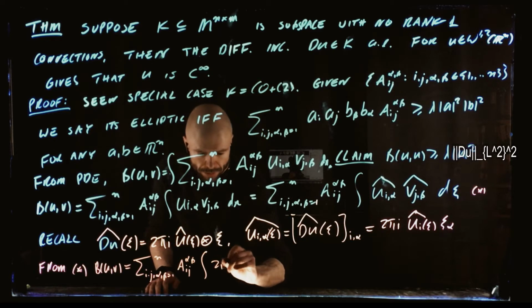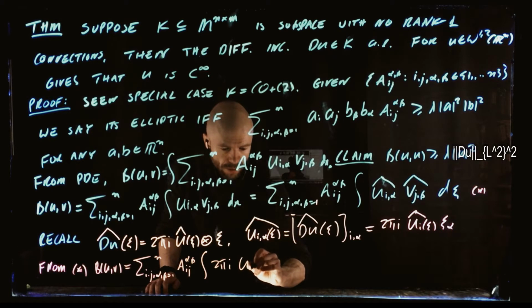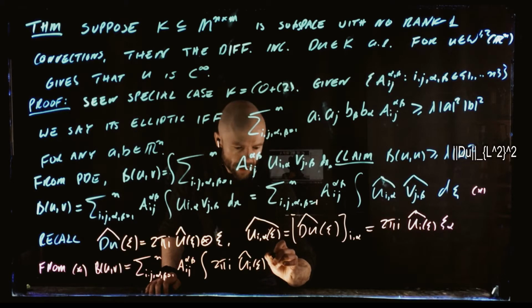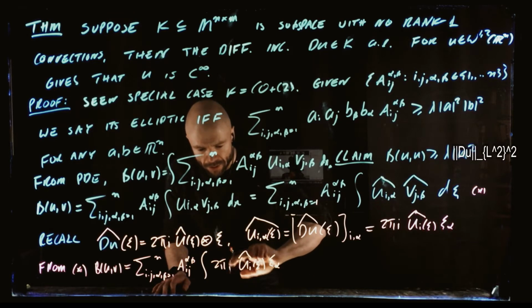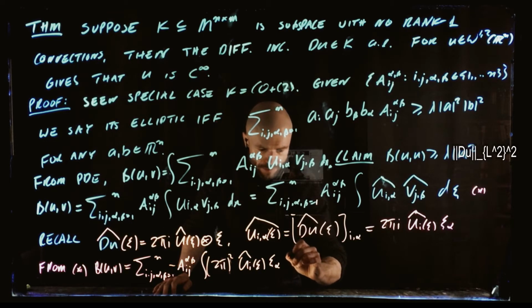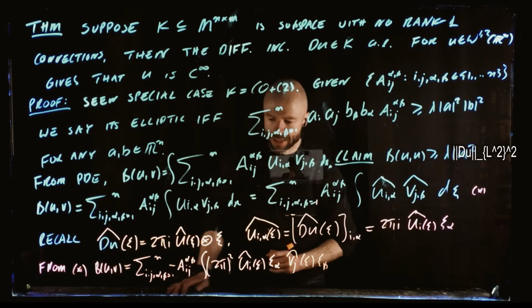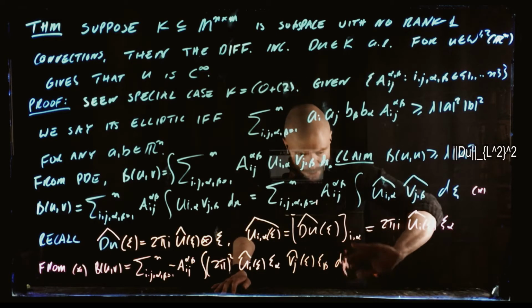So this is going to be 2πi of û_i times ψ_α. And then there's going to be another 2πi, so that'll give us a squared and a minus sign here, like this. And then we're going to have the Fourier transform of v_j at β, like this, and oops, dψ.